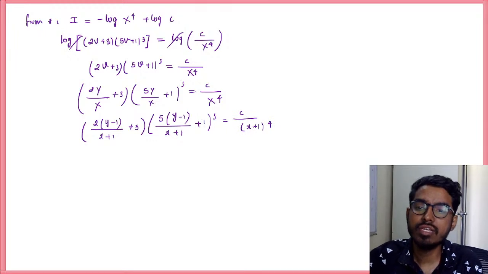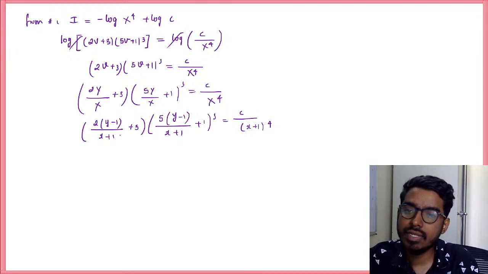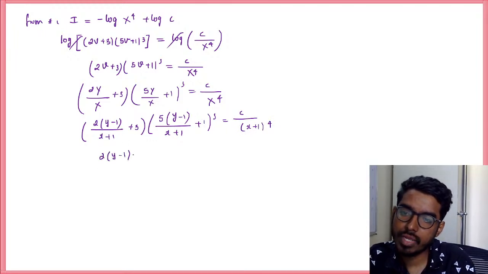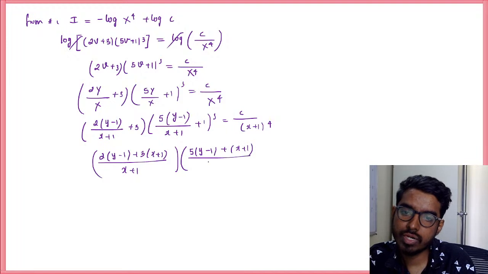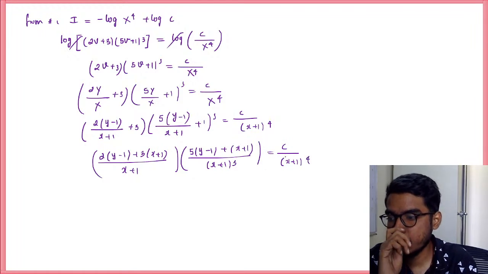Right, c by x plus 1 whole power 4. If we cross multiply this, so we will have 2 into y minus 1, 3 into x plus 1 divided by x plus 1. Here we will have 5 into y minus 1 plus x plus 1 divided by x plus 1 whole cube, c by x plus 1 whole power 4.